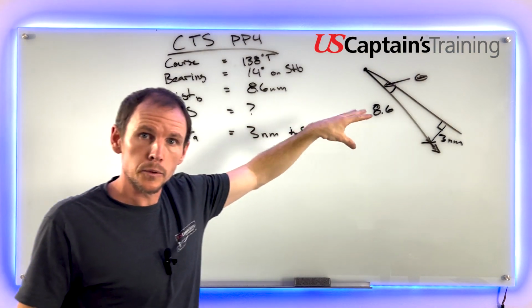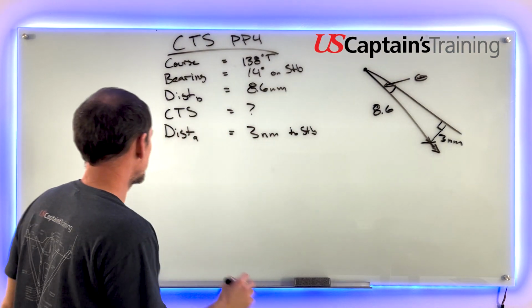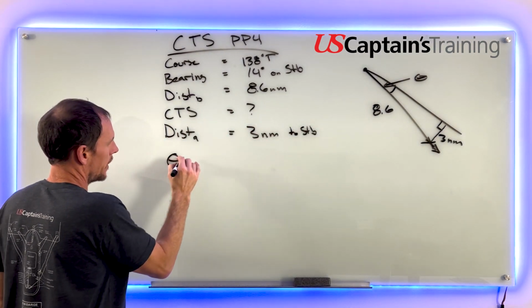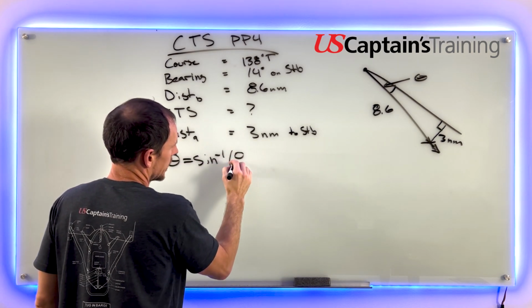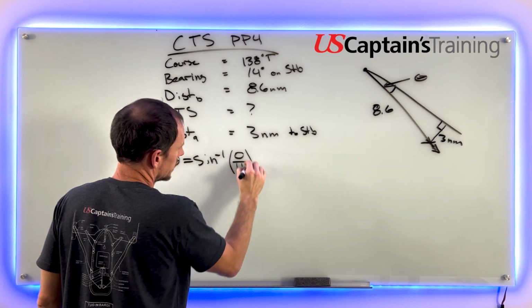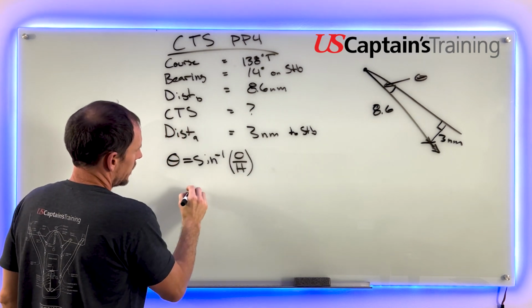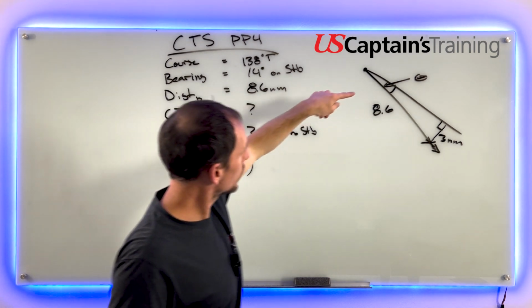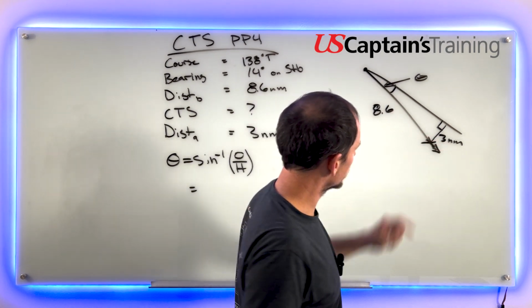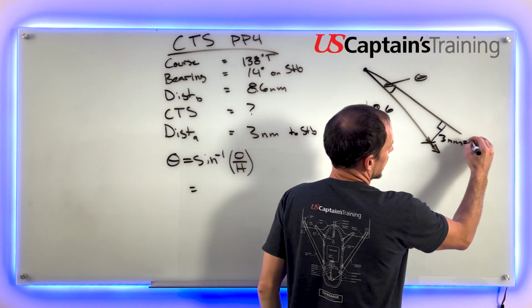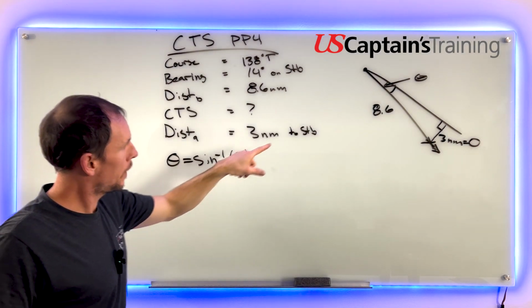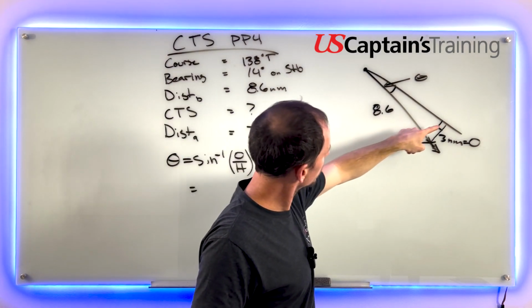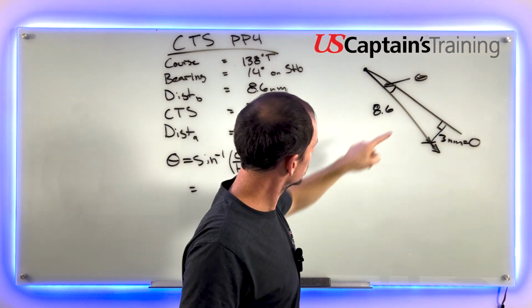To get theta, we just use a little formula, and we say this. Theta equals sine^-1 times opposite over hypotenuse. And what's the opposite? Well, it's all relative to this angle. Opposite is 3. What is the hypotenuse? The hypotenuse is the longest side of this triangle, and it's across from the 90 degrees.